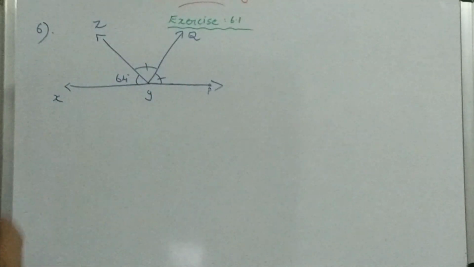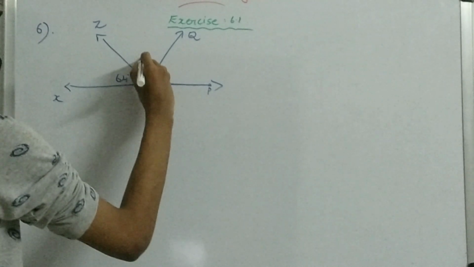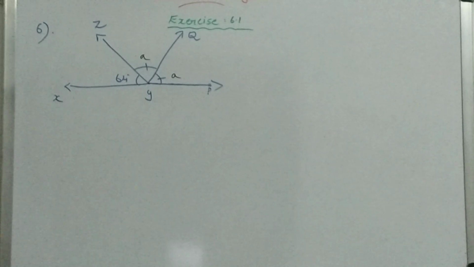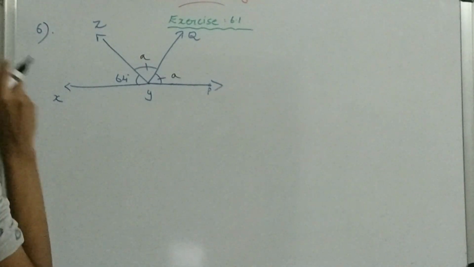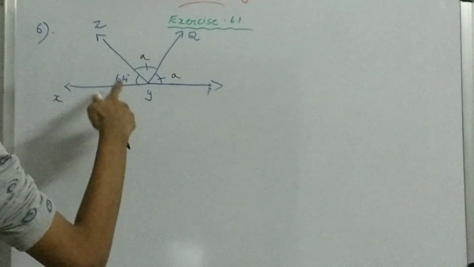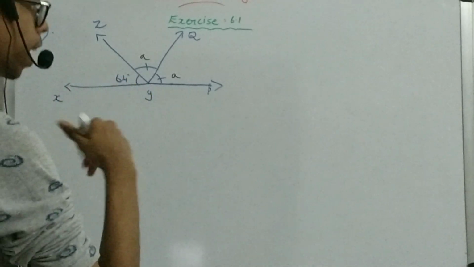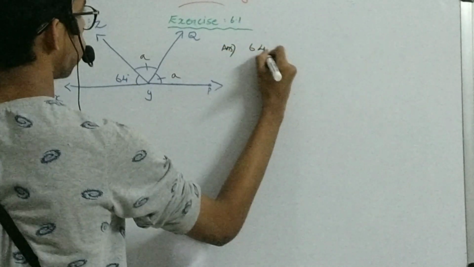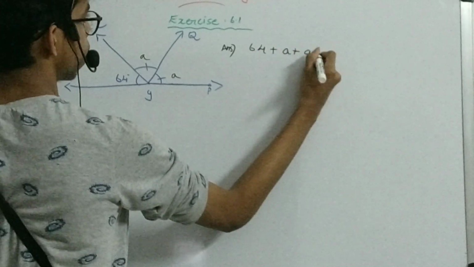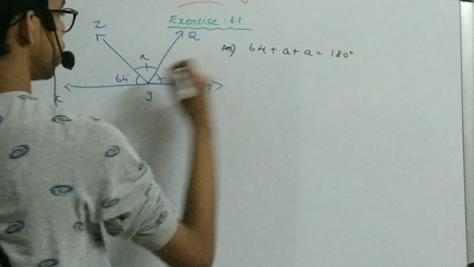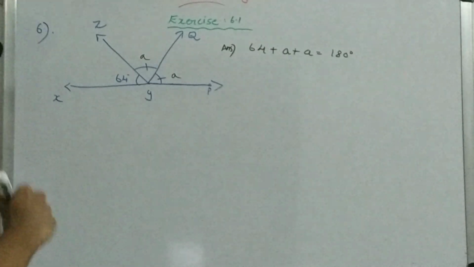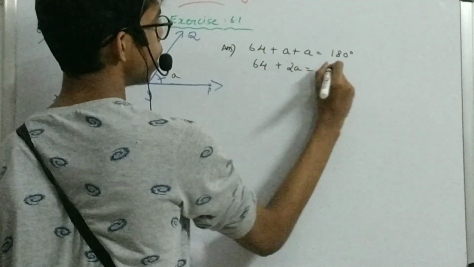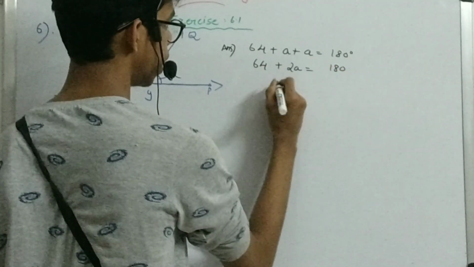Since these two angles are equal, I can name this angle as A, and this angle also as A. Now we know that according to the linear pair axiom, this full angle makes 180 degrees. So from here I can write 64 plus 2A is equal to 180 degrees.